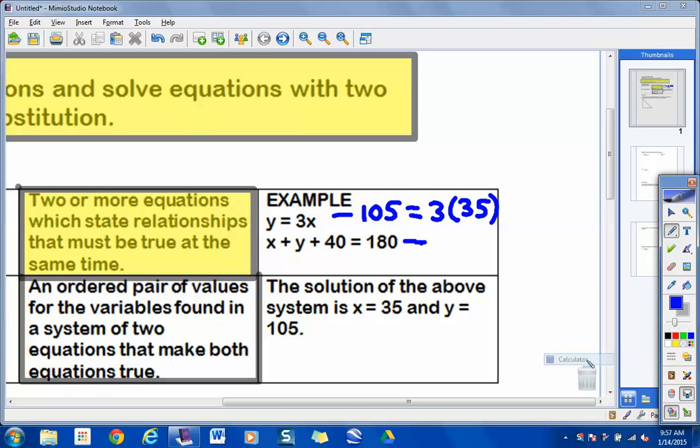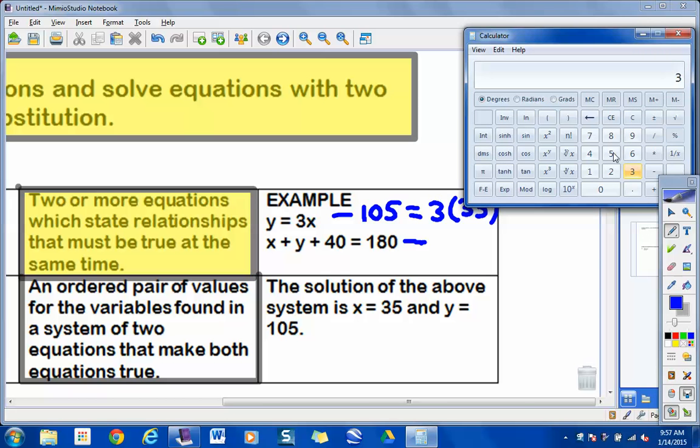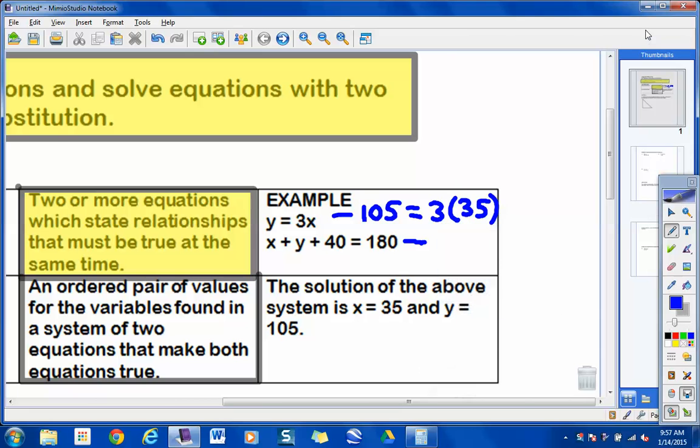So by saying this, check it out. If I go into my calculator here and I punch up 35 times 3, does that give me that answer of 105 over here? Okay, so when I plug 35 in for x and 105 in for y, did that give us a true statement here? Does 105 equal 3 times 35? Well, it does, right? Okay. Now on the next one, same thing is true. We want the x value to be what I told you the x value was. So they're saying down here that 35 plus what would take place of y according to the solution that's given, 105.